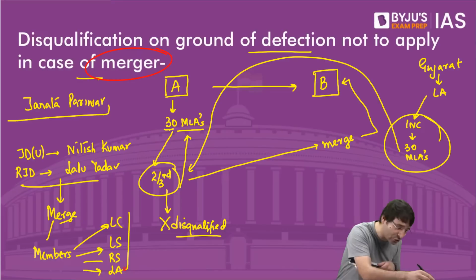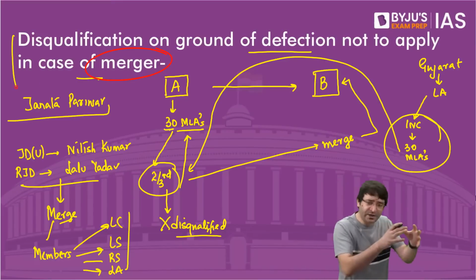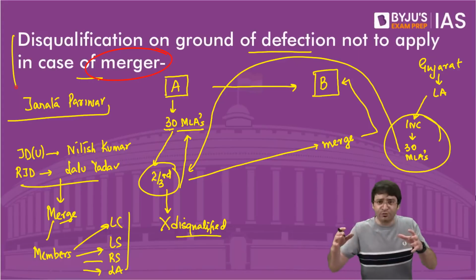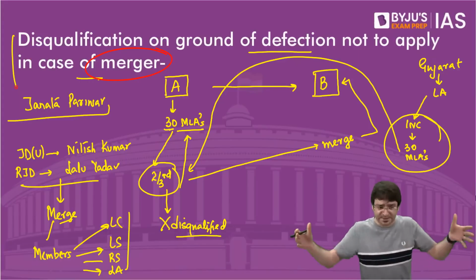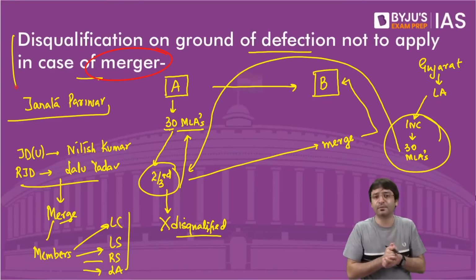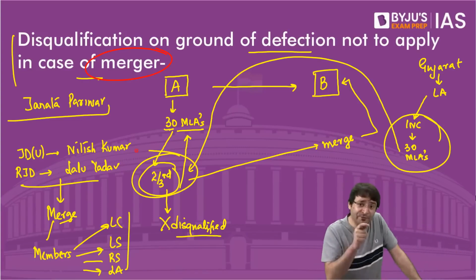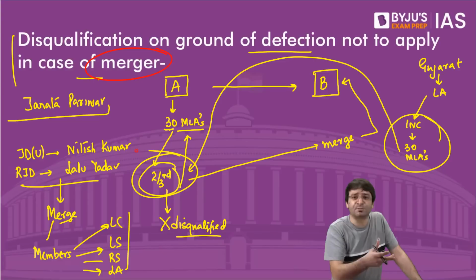That is what this clause is talking about. If RJD and JDU decide to merge with each other, what will happen to their MLAs, MPs? If two-thirds of their members agree with this merger, then no action will be taken against them.